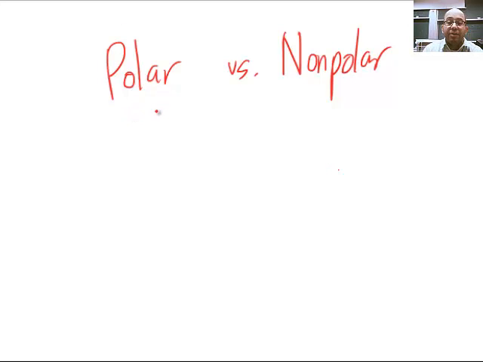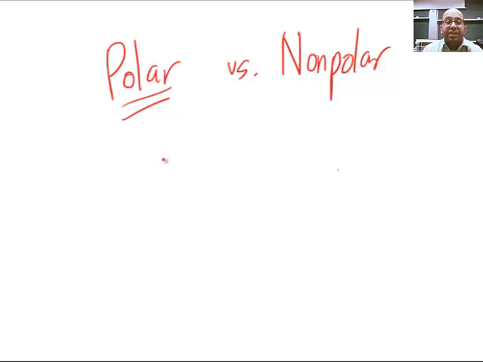So, of the 20 amino acids that are commonly found in all organisms, some of them have polar characteristics.